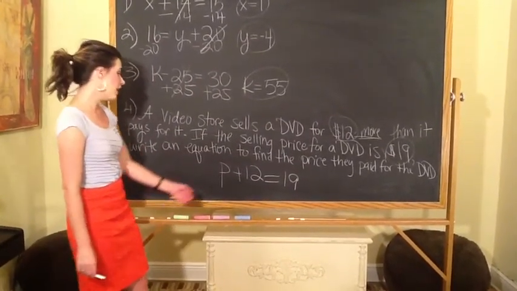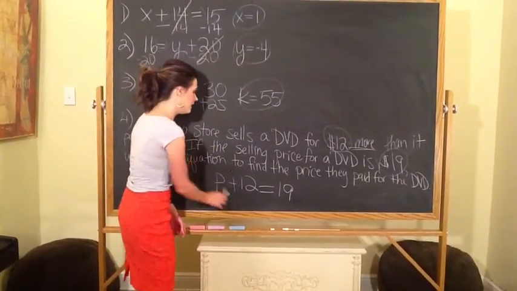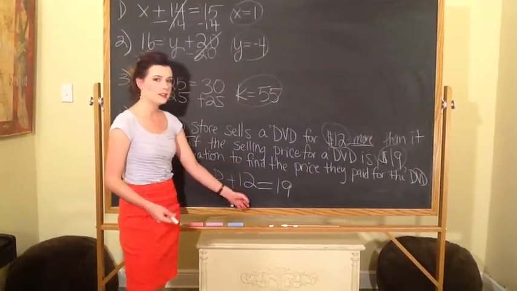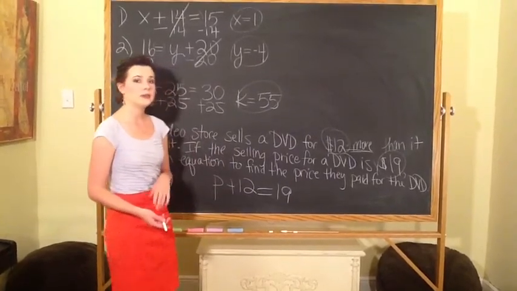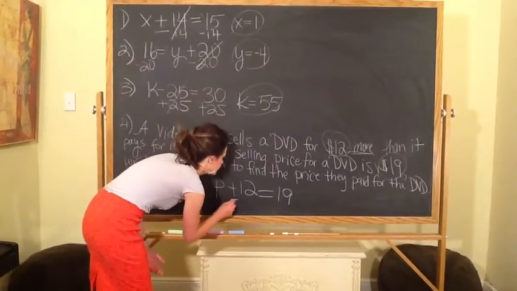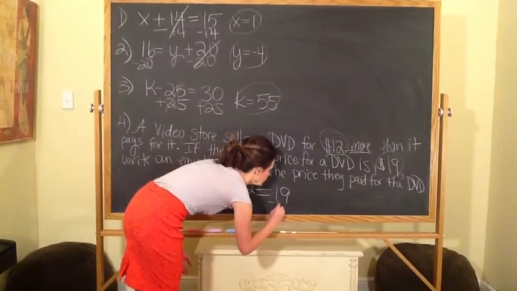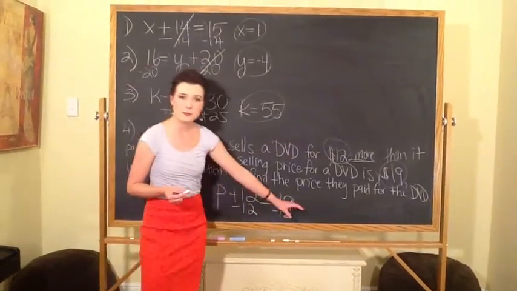So I see that I need to get p by itself. So I want to get rid of this 12. In order to do this, instead of a plus 12, I need to use a minus 12 because the inverse operation will cancel it out. So I'm going to subtract 12 over here, but I also have to subtract 12 over here because we have to keep our equation balanced.